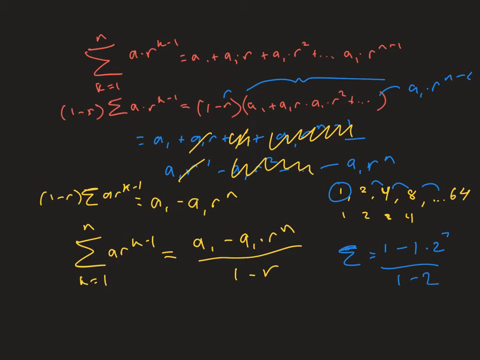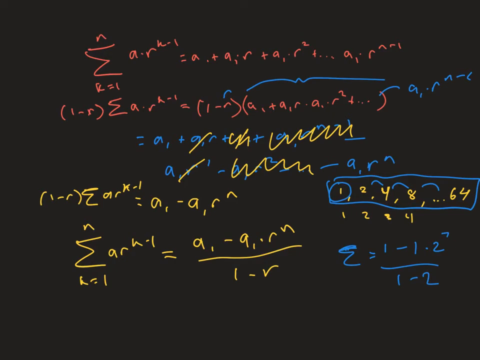And if we simplify that, which would really just be 1 minus 2 to the 7th over negative 1, we're going to get the sum of this sequence if we added up all these terms. So that's a pretty cool formula, and it's super important.